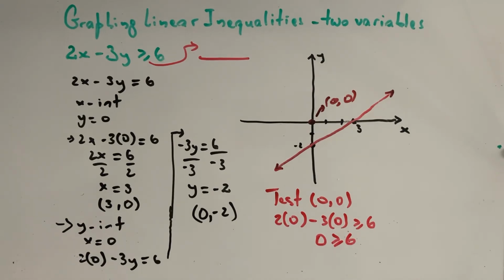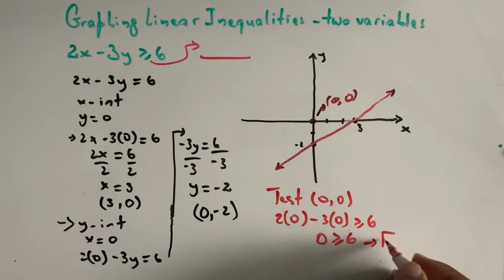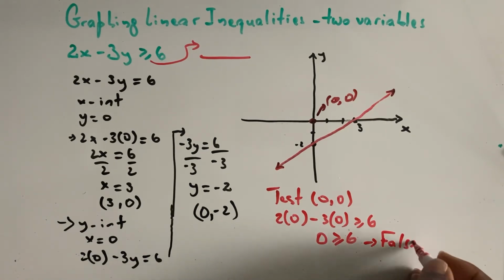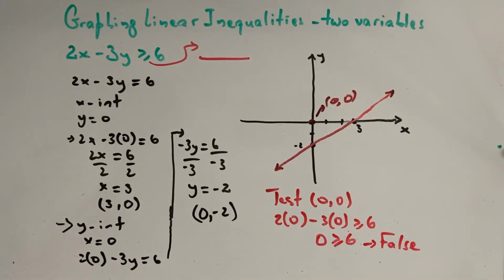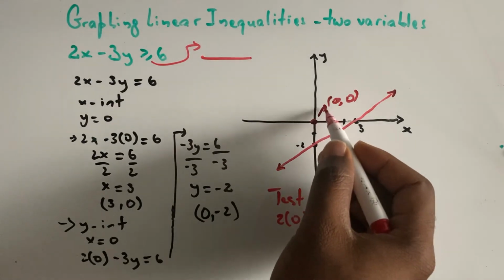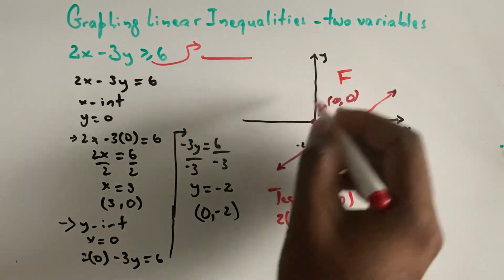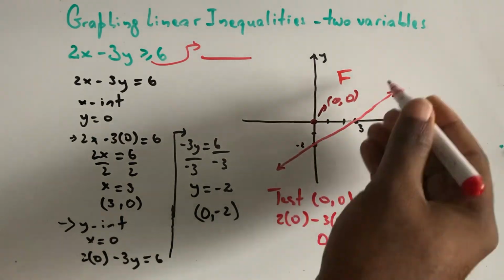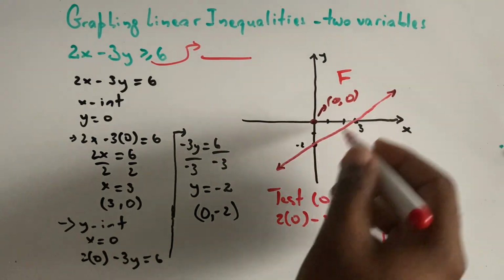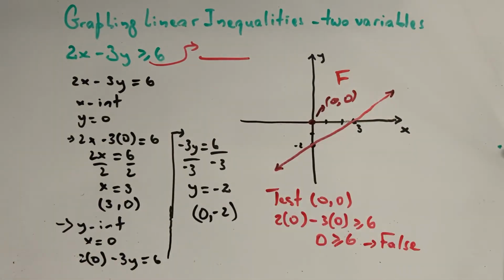Now we all know this is false, right? 0 is not greater than or equal to 6. So 6 is greater than 0. So this is false, and the test point is not in the solution. This side of the line is false. Therefore, the solution must be on the other side, because this part is false.